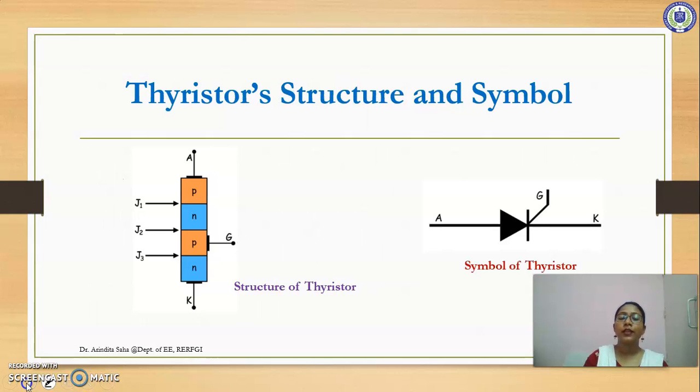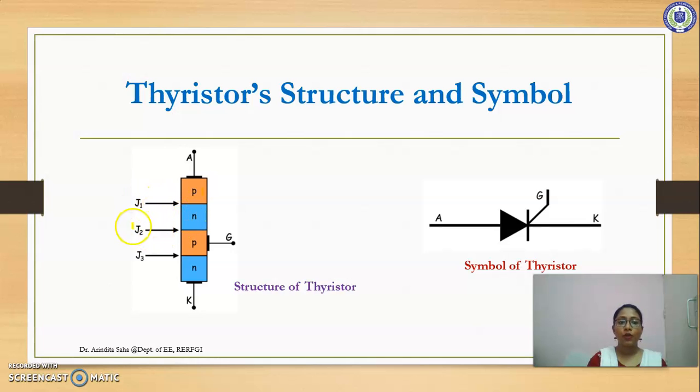First let us understand the thyristor structure and symbol. The first figure is for the thyristor structure and this is for the symbol. As we know, a thyristor is a 4-layer device. You can see the 4 layers, P, N, P and N, sandwiched together. This P and N form one junction, J1.